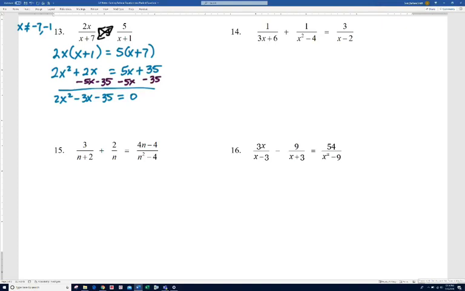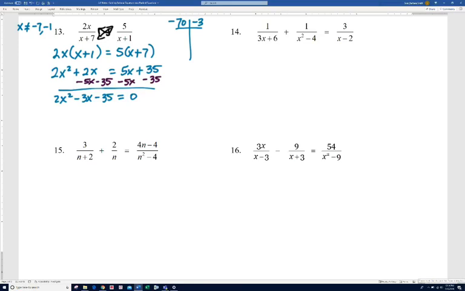There's a good chance we can use the AC method, so let's give that a shot. And if that didn't work, we would want to use the quadratic formula. So we're looking for two numbers. Notice my AC here is -70, so two numbers that multiply to -70 and add to our b term, which is -3. Hopefully you can do that one in your head.